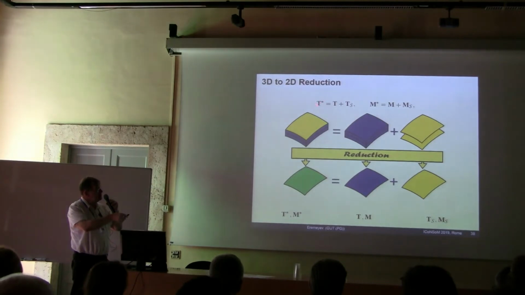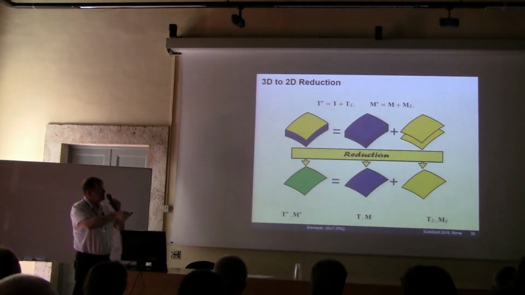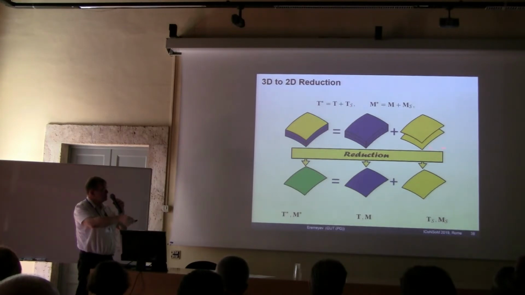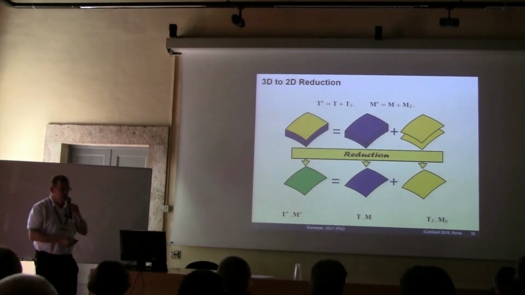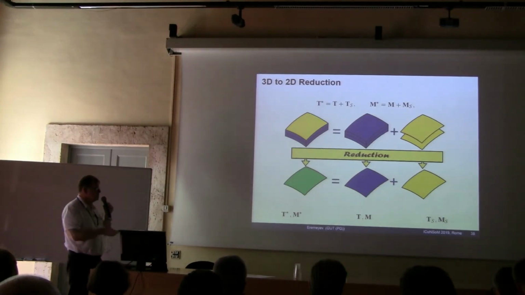Our effective stress resultants look like a sum of stress resultants inherited from the bulk and stress resultants inherited from these faces. In the case of a multi-layered structure, this effect is more pronounced, of course.